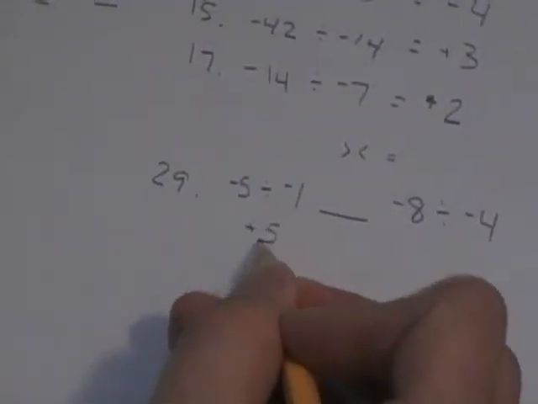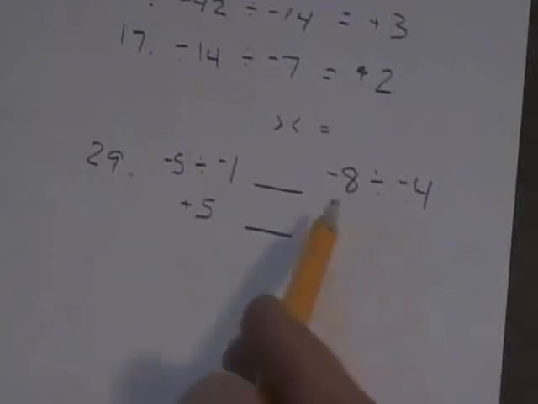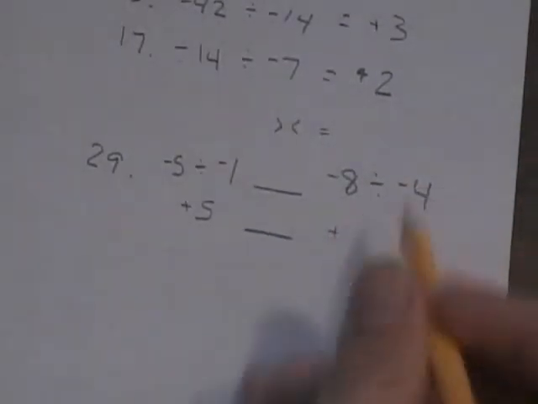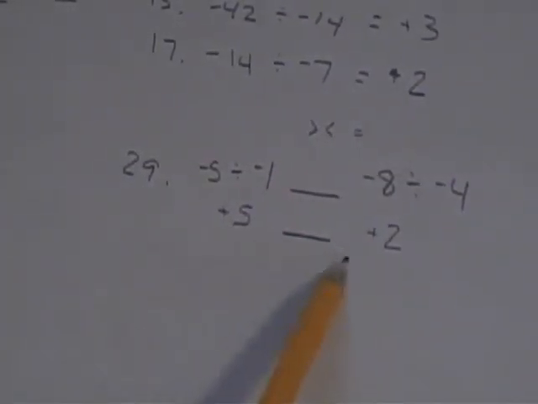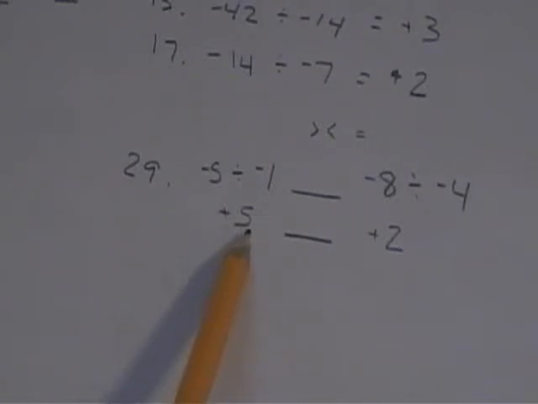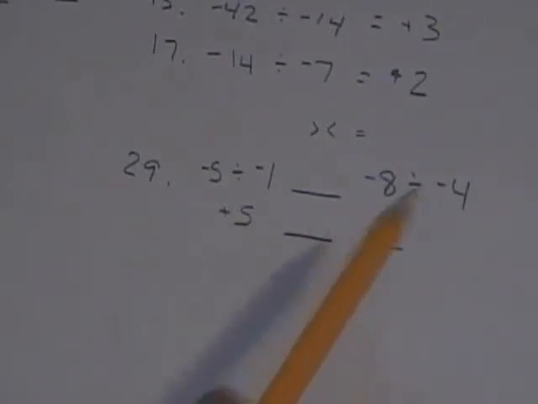Well, that's not too hard. And a negative, that's also positive. 8 divided by 4 is 2. So which one's better? 5 pieces of candy, 5 chocolates, 5 whatevers, or 2? Well, I'd rather have $5 over $2. So that one is bigger.